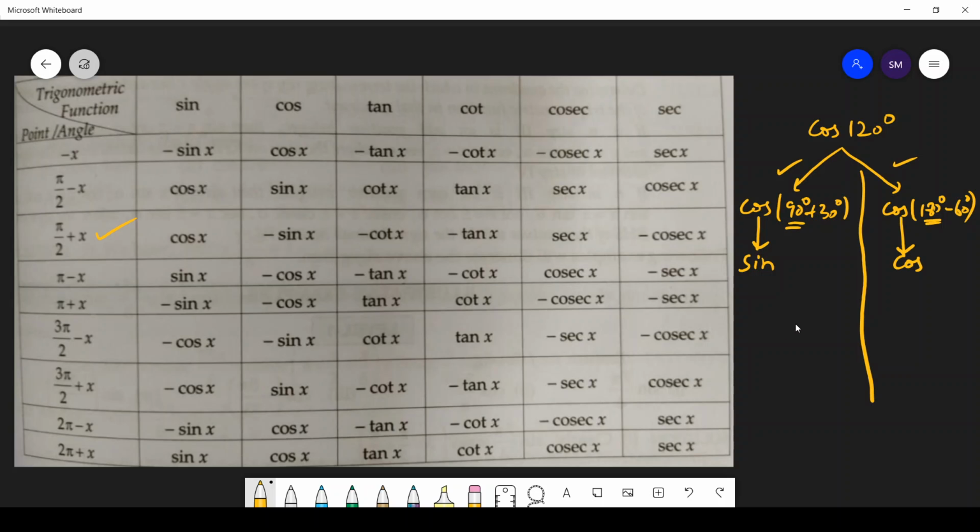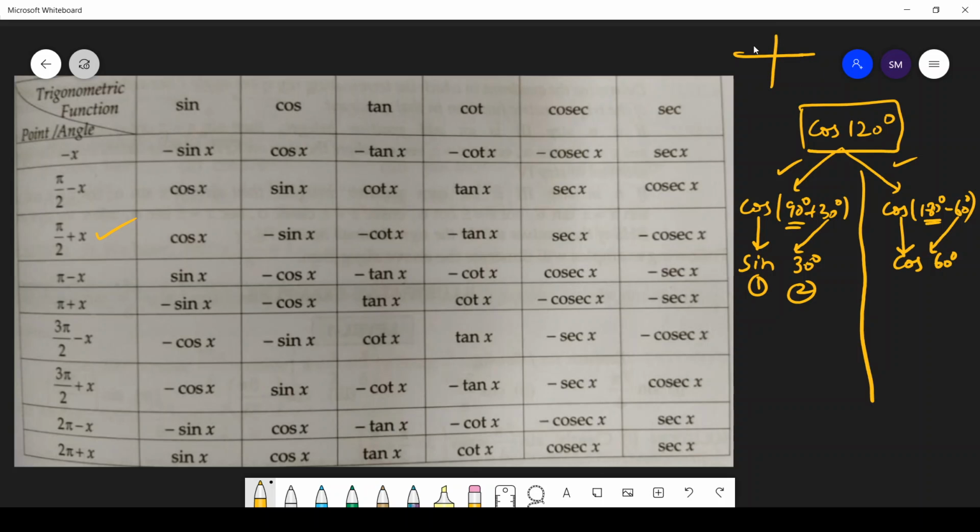Is this clear? Rule number 2: directly write this angle. Don't look at the positive or negative sign. So rule number 1, rule number 2. Rule number 3: cos 120 is in which quadrant?